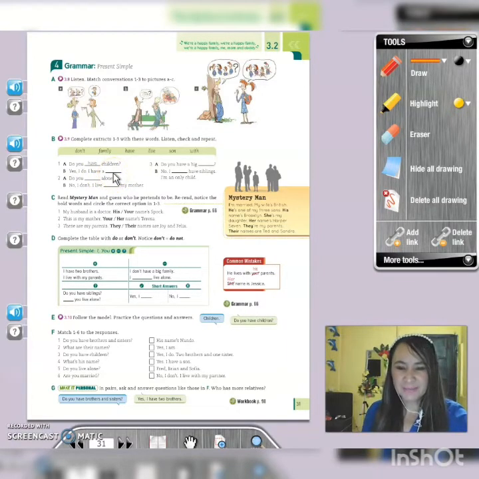Think about it and tell me. I'm going to give you some seconds in order you can think about what are the correct words. Les voy a dar unos segunditos para que piensen cuáles serán las palabras correctas para cada oración. For each sentence. Try to do it. Now, I'm going to show you the answers.